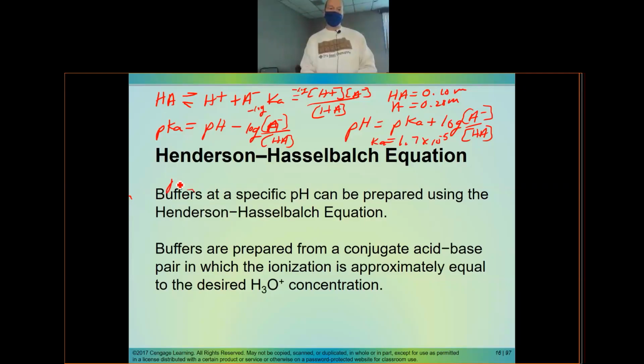It's very simple. You can do it the long way if you want, but you solve for the pKa. So pKa is the negative log of the Ka. They give you the Ka, so it is the negative log of 1.7 times 10 to the minus 5, which is 4.77. So that's your pKa.